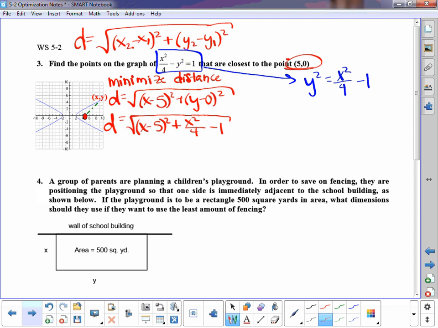So we could go ahead and take the derivative as is. That does require us to deal with the square root here. We have kind of a couple options of how we can swiftly move around that issue. So would you agree that I could rewrite this as d squared is x minus 5 quantity squared plus x squared over 4 minus 1? We're good with that? Okay.